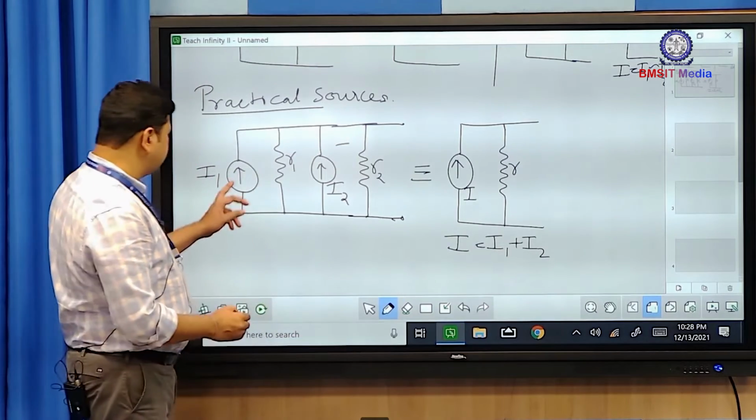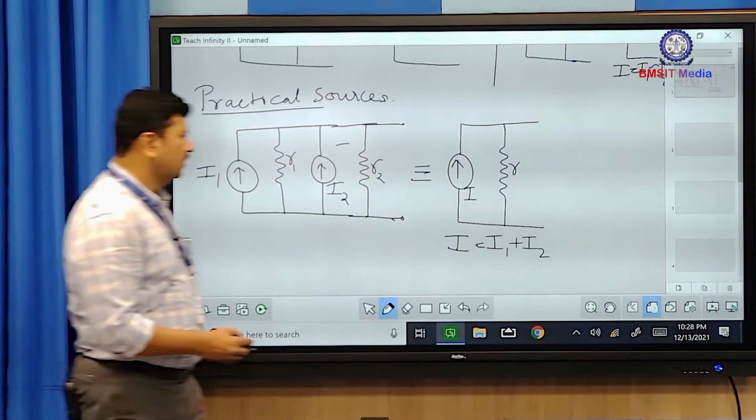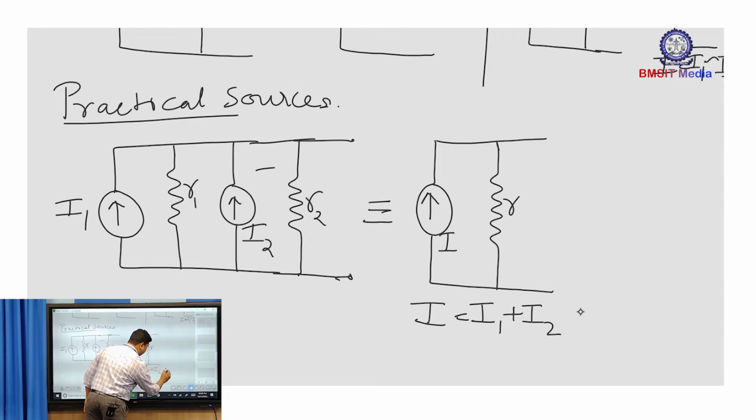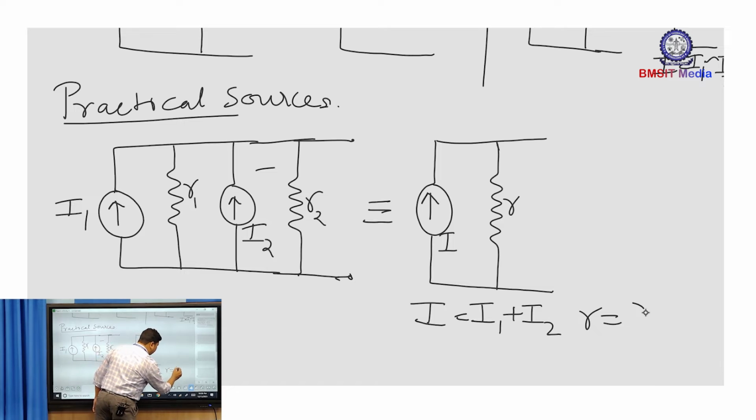Okay. If suppose these two are in opposite direction, then I take I1 minus I2, and the value of R is given by, now R1 and R2 fall in parallel combination, therefore I should be taking the resultant of parallel combination. So R equals R1 R2 over R1 plus R2.